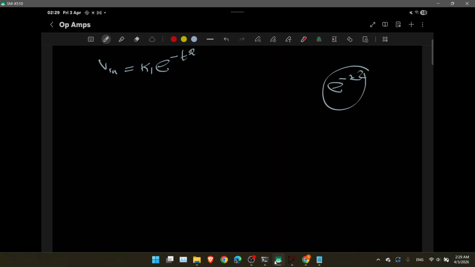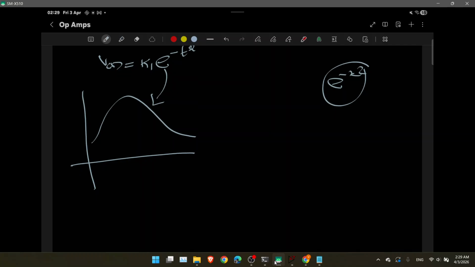This function is nothing but a bell curve. This is the famous bell curve that you will find in the form of e to the minus t squared. It is a fascinating function that you find in probability and geometry and such things.